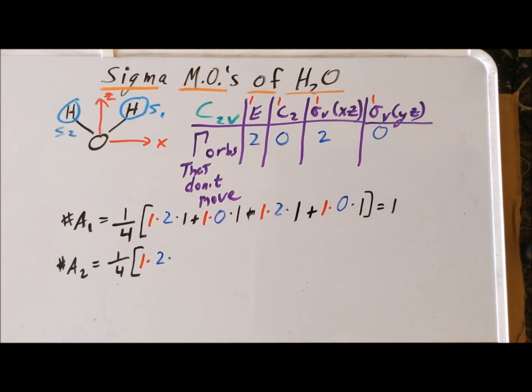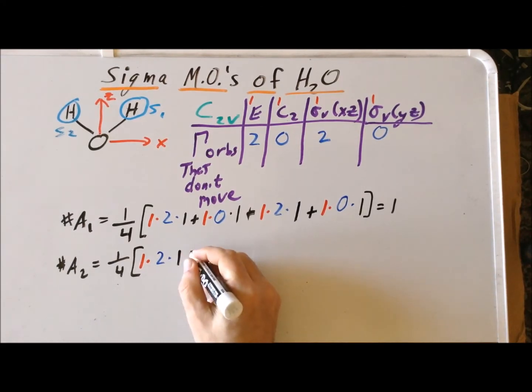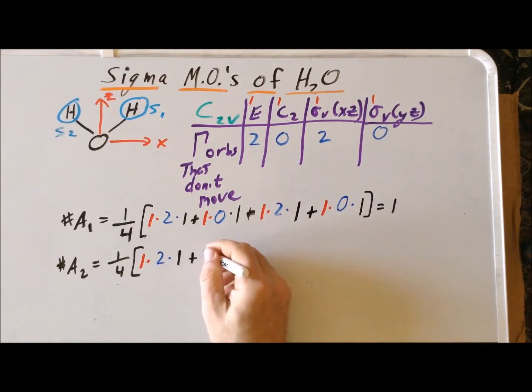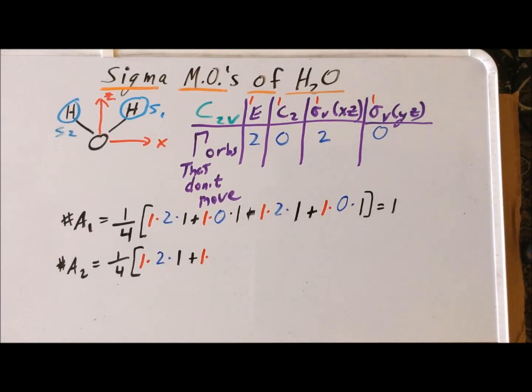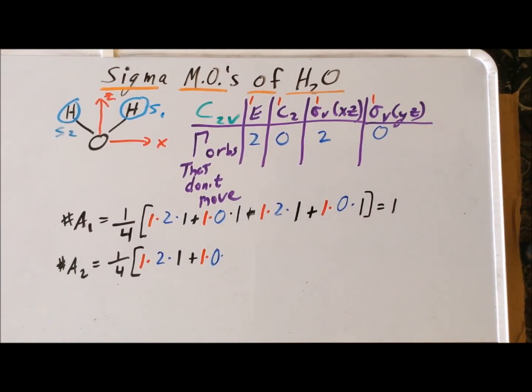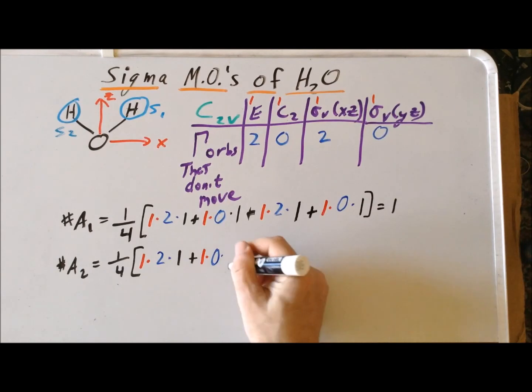And the character for the irreducible representation A2 is 1. For the next class, for C2, there's 1 operation in the class. The character from the reducible representation is 0, and the character from the irreducible representation is a 1.